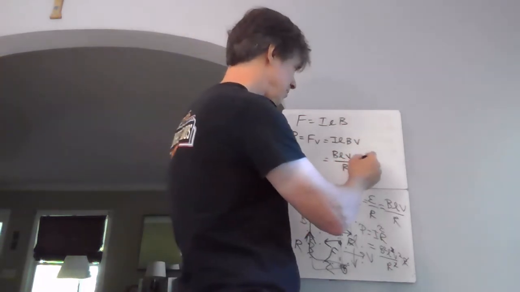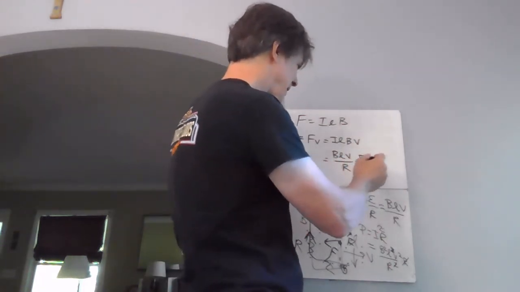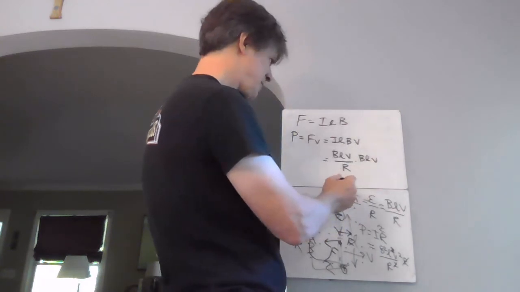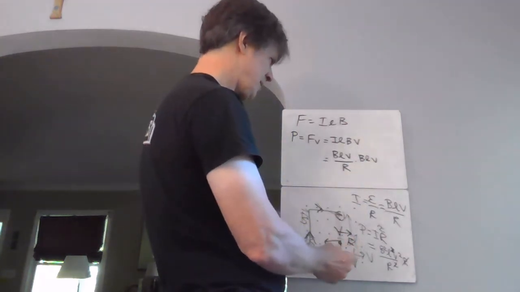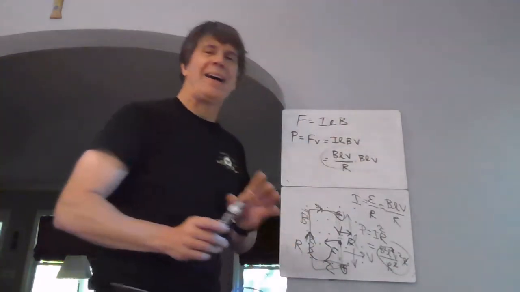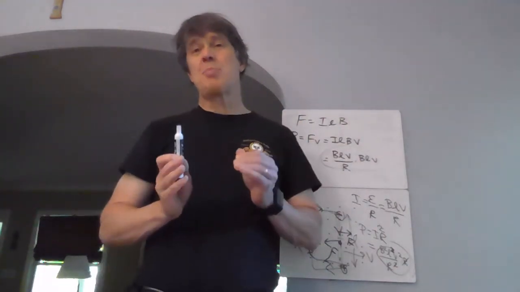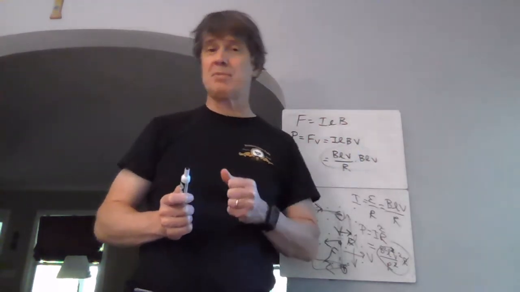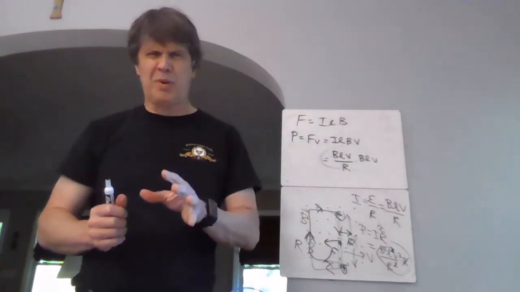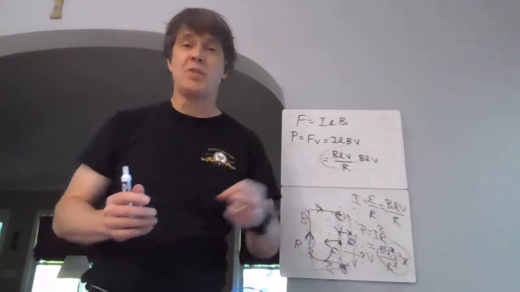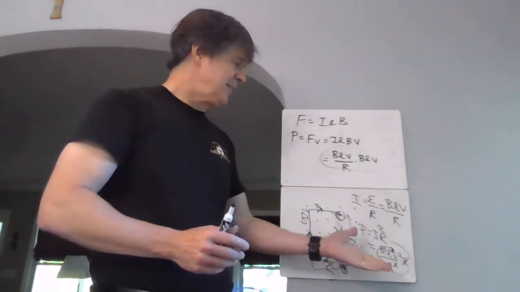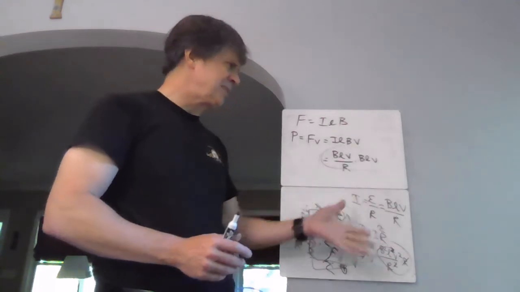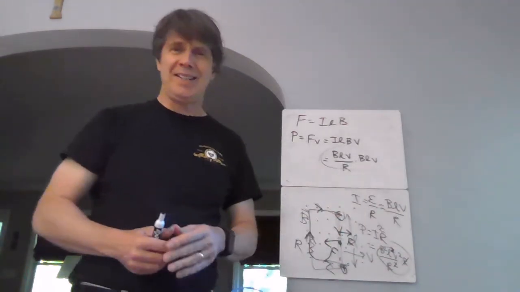Times Lv. And that's B squared L squared v squared over R. That's the same expression for the, oh my gosh, it's the same expression. I just got the same expression for power using the mechanical idea of work being force times distance, but power being force times speed, as I did purely electrically. Think about it some. That's kind of neat.